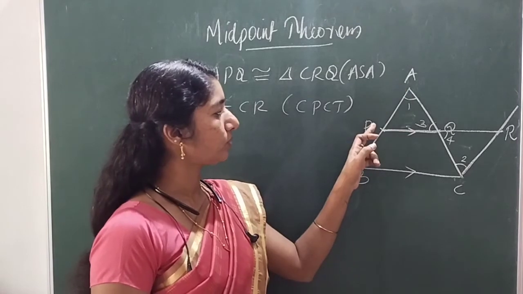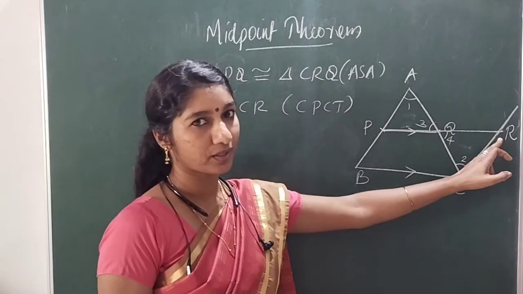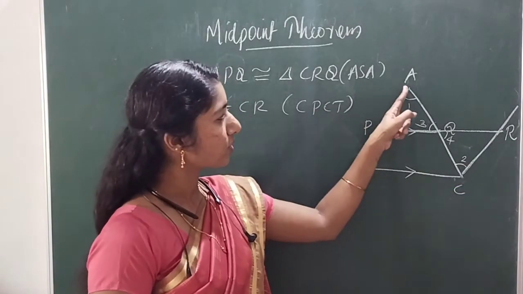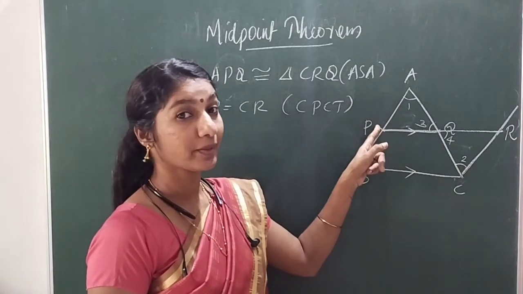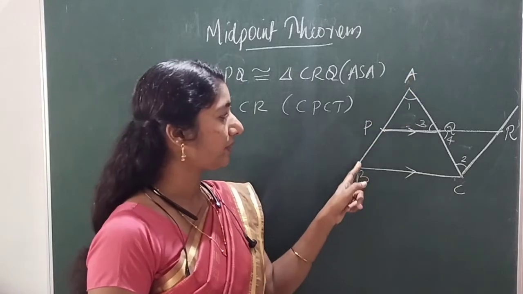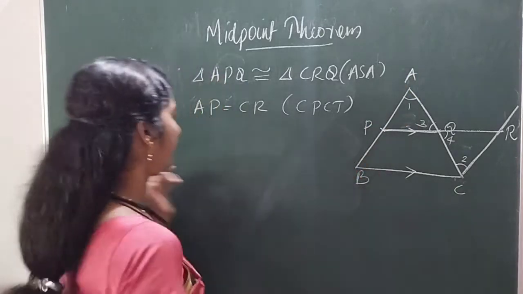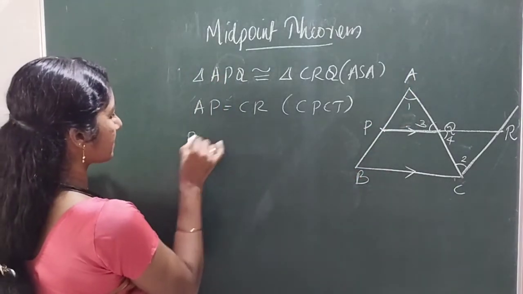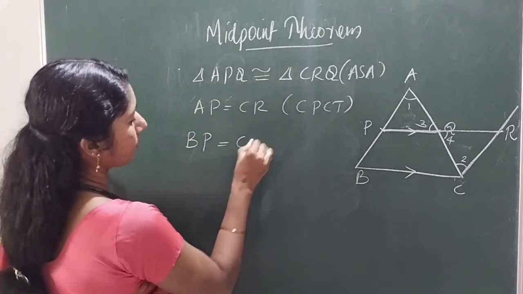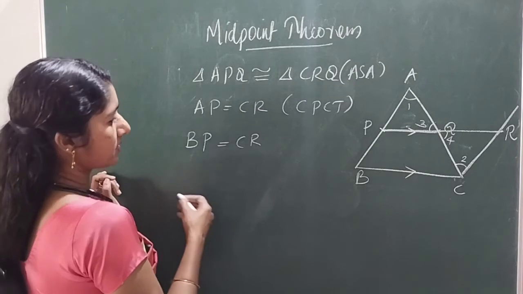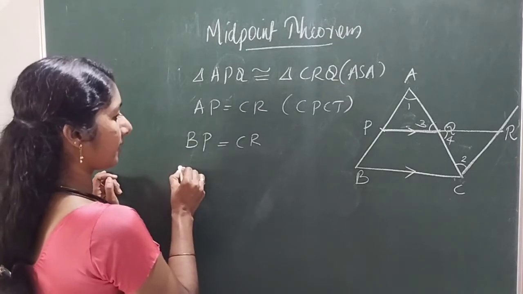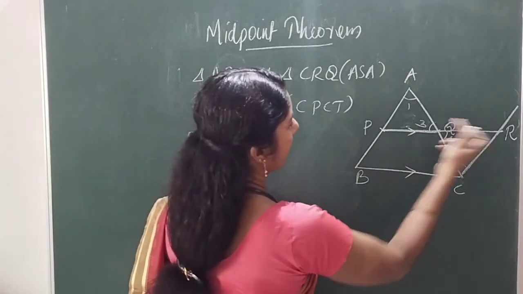So AP equal to CR we got from the congruent triangles. Instead of AP you can write BP because P is the midpoint of AB. So AP and BP are equal. So AP we replaced with BP. BP equal to CR. Okay. Now see the quadrilateral BCRP.